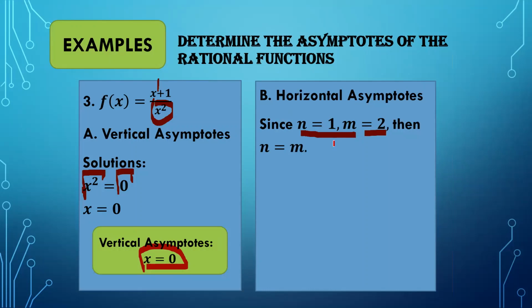So this should be n is less than m, not equal to m. Therefore, the horizontal asymptote based on the given condition of the horizontal asymptotes is y equals 0.